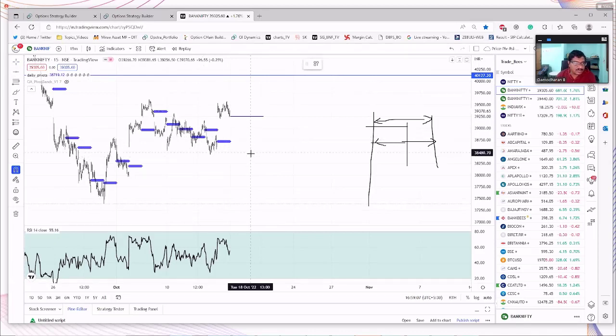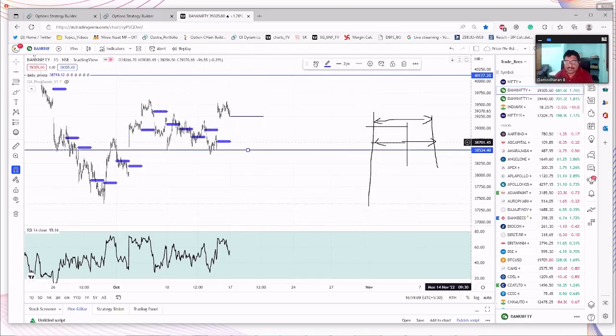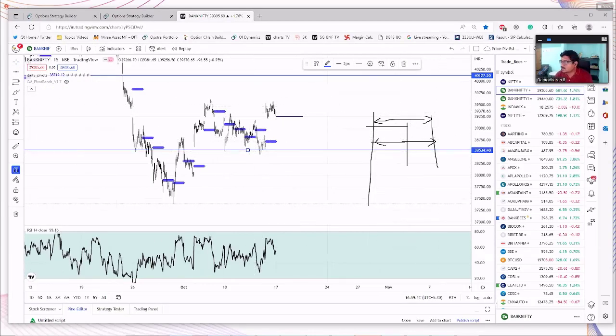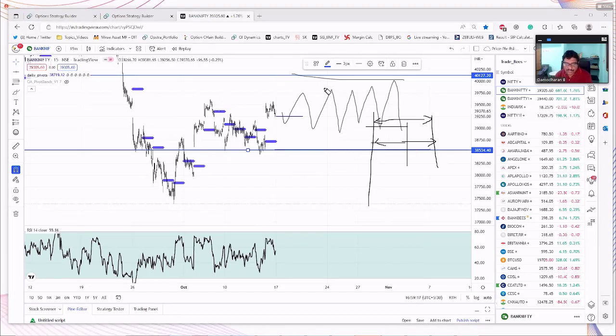If at all you feel like the market is not going to break this range in the current week, then only you think about taking this straddle.